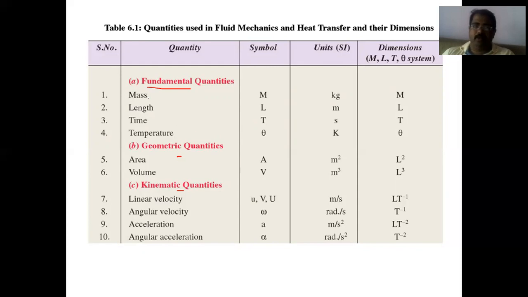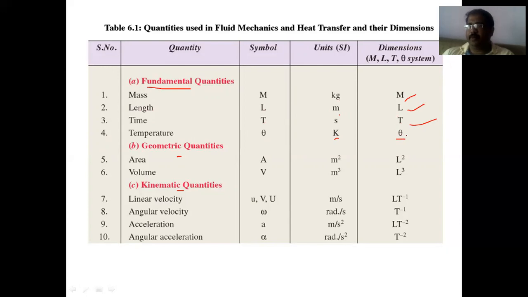Okay, so we all know that mass has symbol m, unit is kg, and in dimensional analysis we use capital M. Similarly, length is denoted by L and its unit is meter, and denoted by capital L. Similarly, time is denoted by t, its unit is second, and denoted by capital T. And temperature is denoted by symbol theta, whose unit is Kelvin, and in dimensional analysis it is denoted by theta.